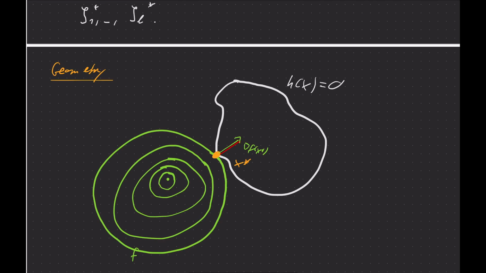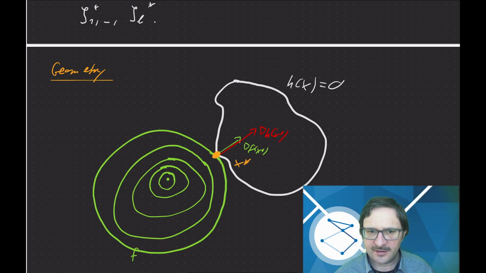Possibly that might be a little longer or shorter. So that is the gradient of h. What that means is basically the gradient of f is contained in the span of the gradients of the h functions. In this example, we only have one h function, but we could, of course, have several. And then the gradient of f could be in the span that is created by those functions. So that's what happens here geometrically.